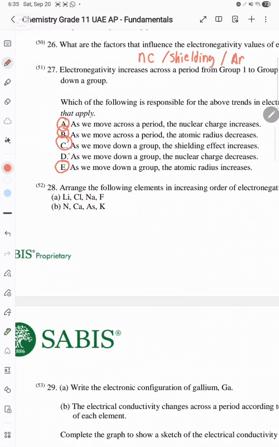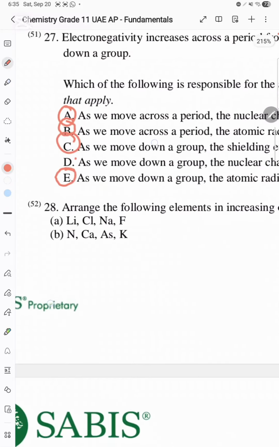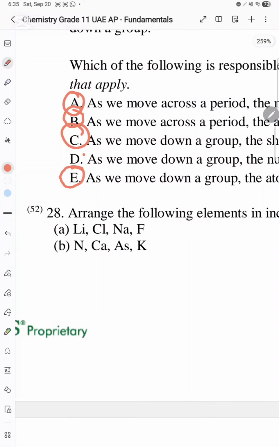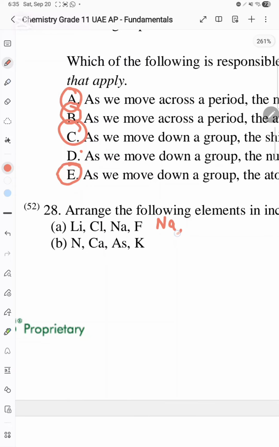Arrange the following elements in increasing order of electronegativity. So for this question, you have to look at your periodic table. But know that metals are most likely to be to the left of the electronegativity spectrum. Now, Na is first because Na is under lithium, so its electronegativity is the least.